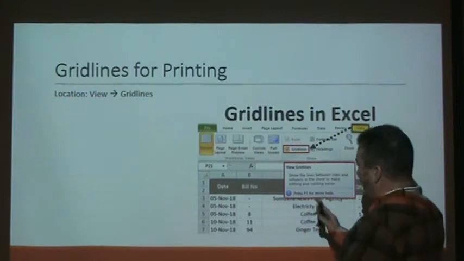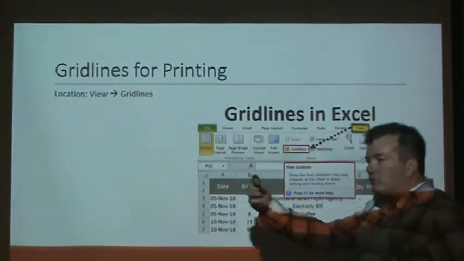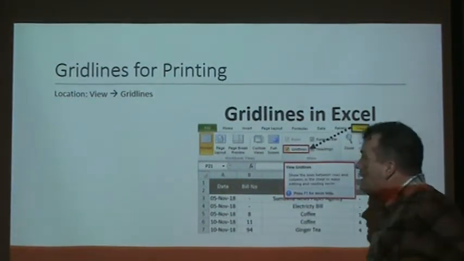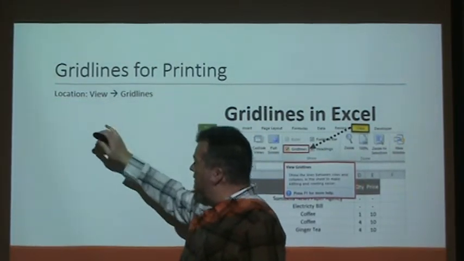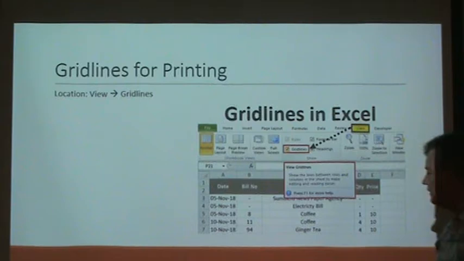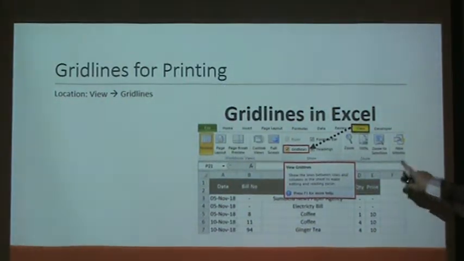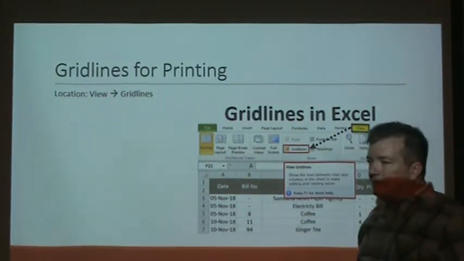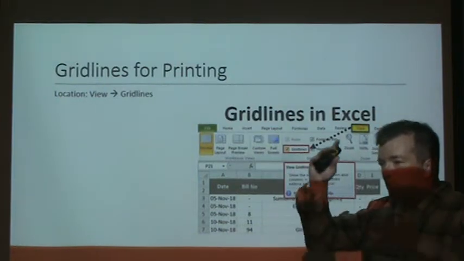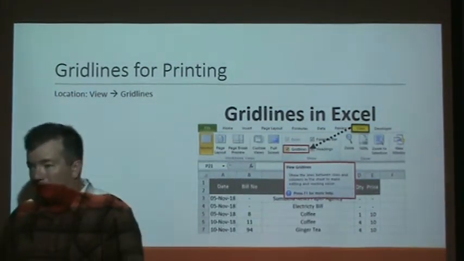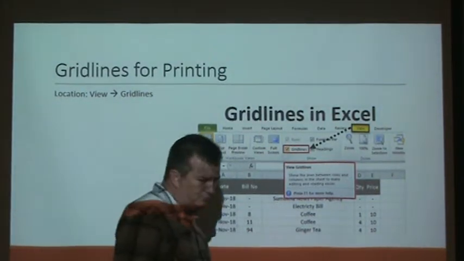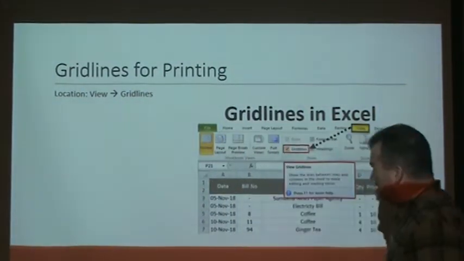So you want to know how much is considered one page of printing. You can go to the grid lines. The location is under View, and there you click on grid lines. It will show you how the sheet will be broken up when you send it to the printer. Because eventually, you're either going to email this to somebody or print it. You don't want the printing to look strange.